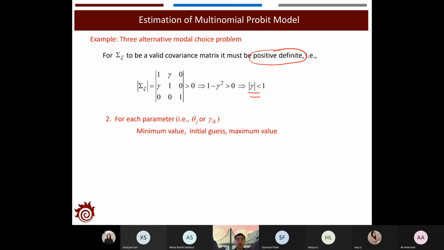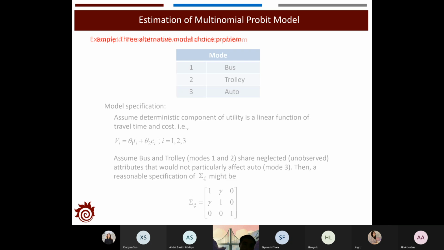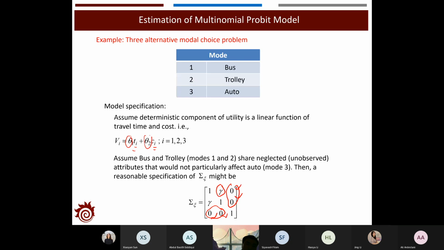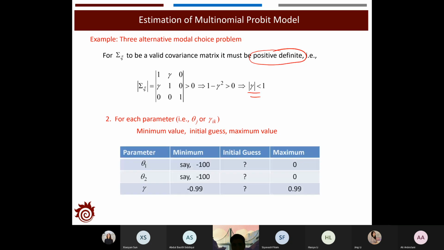And now we need to specify the range of each parameter. If we go back to check the definition, we have two coefficients, theta 1 and theta 2, and one correlation gamma to estimate, so there are 3 variables to estimate. We need to specify the ranges of these 3 variables.